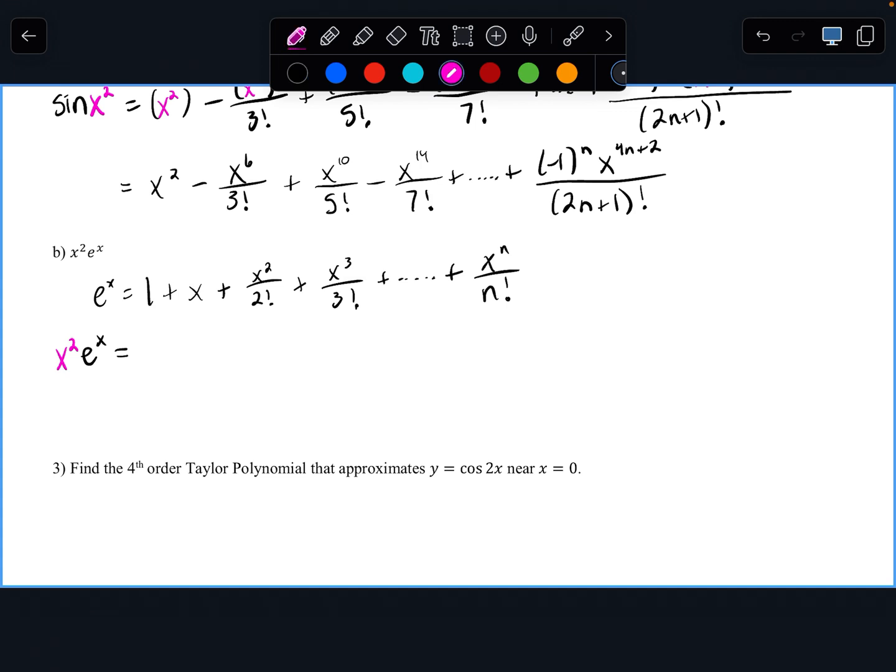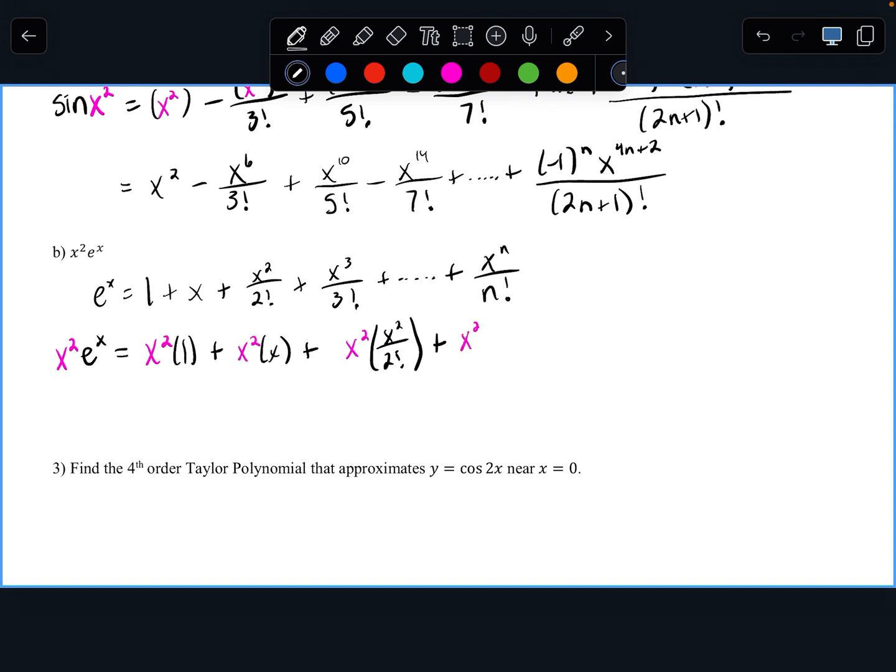So it's basically x squared times 1 plus x squared times x plus x squared, I mean, you get the idea, times this thing.